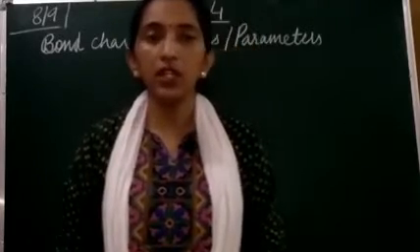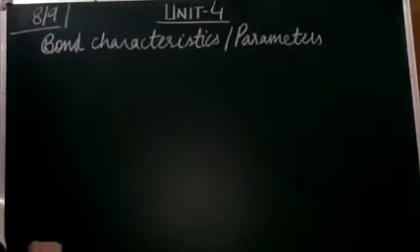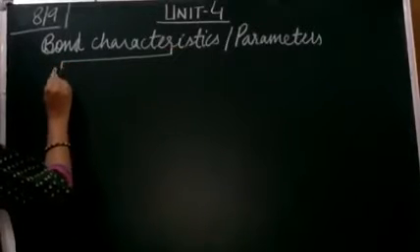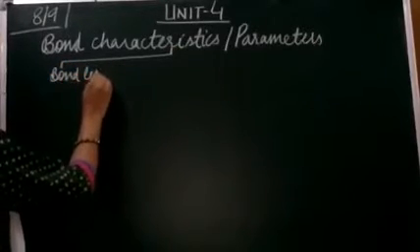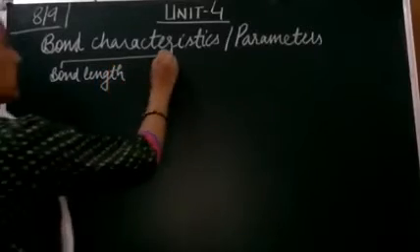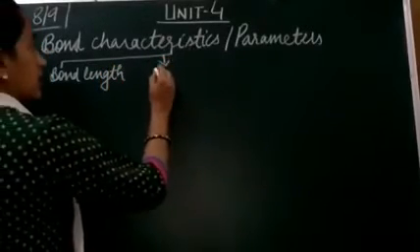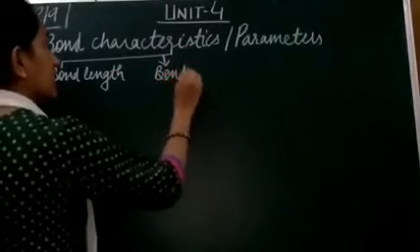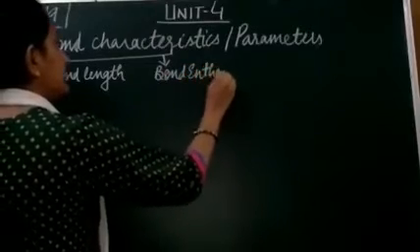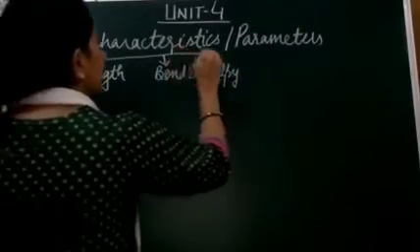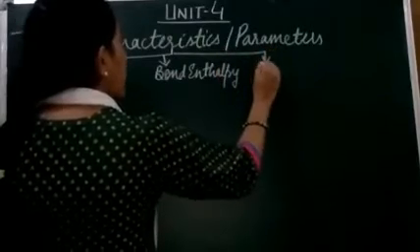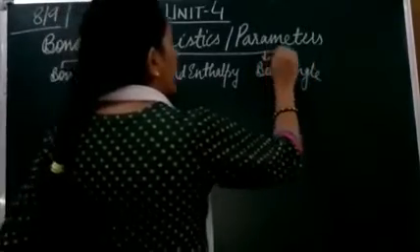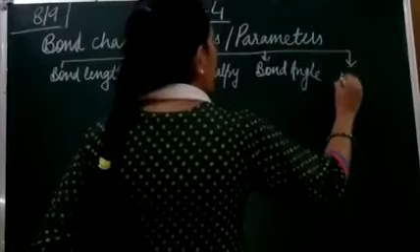So, first we will start with the bond length. The bond parameters: there is bond length, then there is bond enthalpy, then there is bond angle, and then we have bond order.